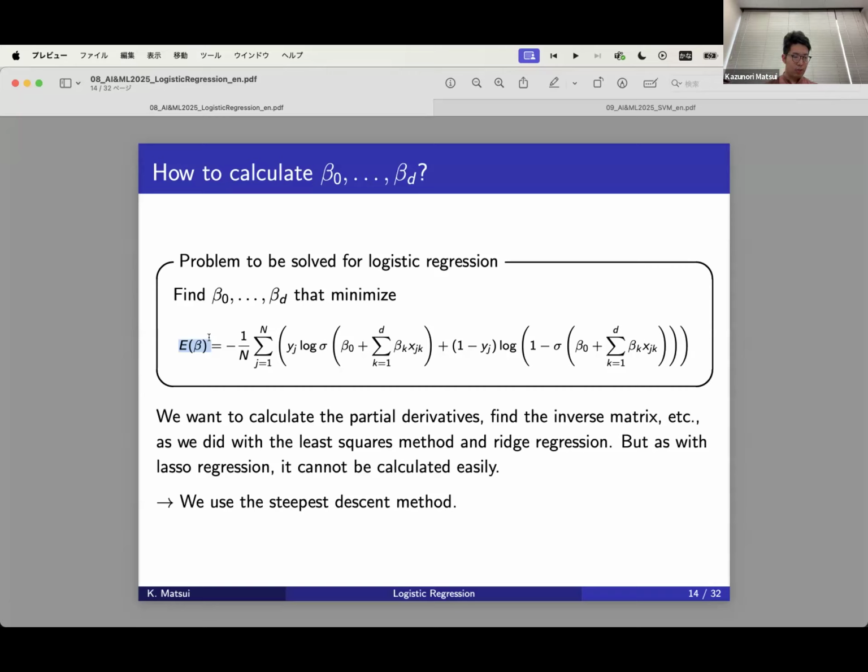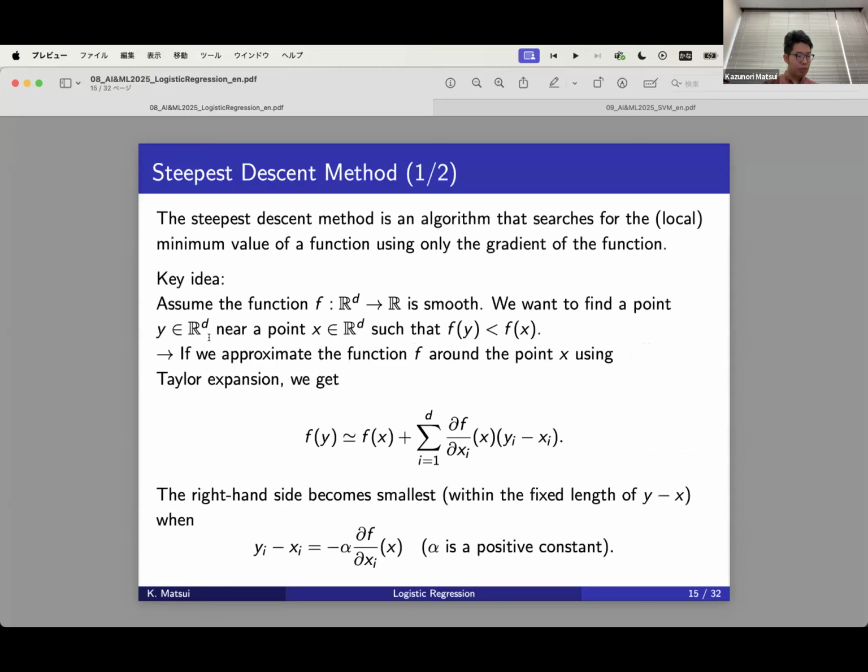This time, we introduce the steepest descent method. The steepest descent method is an algorithm that searches for the local minimum value of a function using only the gradient of the function.